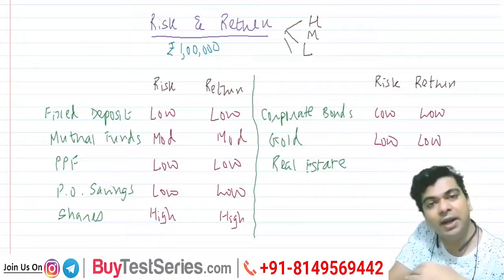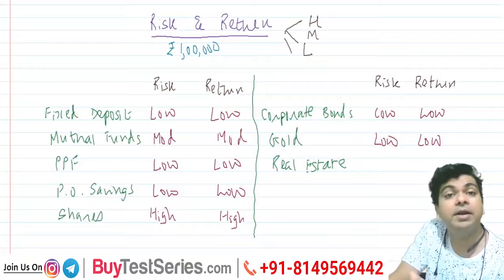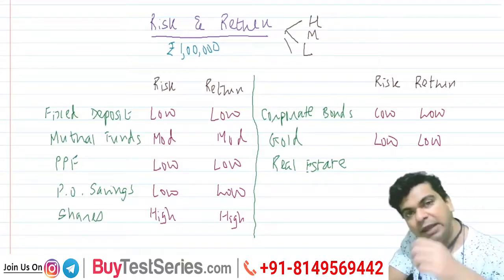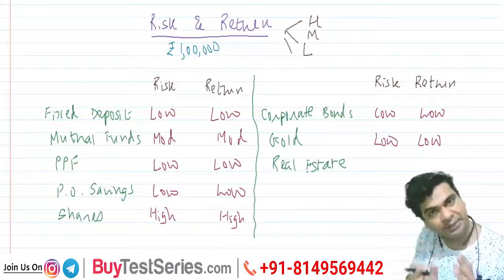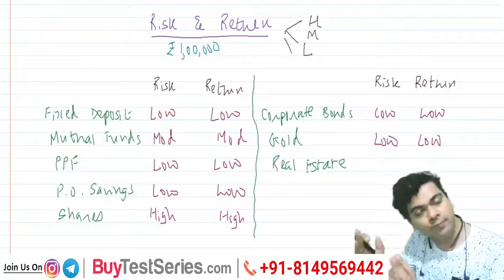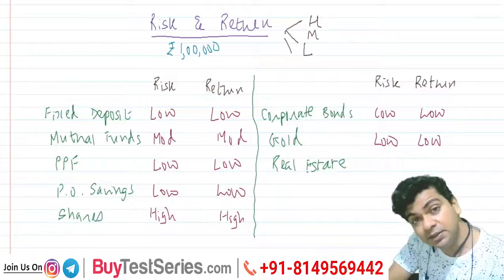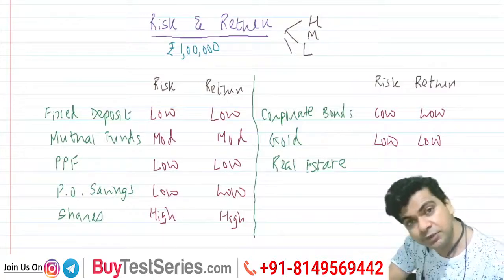But when I say return over here, I don't mean return over a period of, let us say, 1 year. See, if you are doing portfolio management, then you have a long-term view. By long-term view, I mean, let us say, the next 10 to 15 years. What will happen in the next 10 to 15 years?